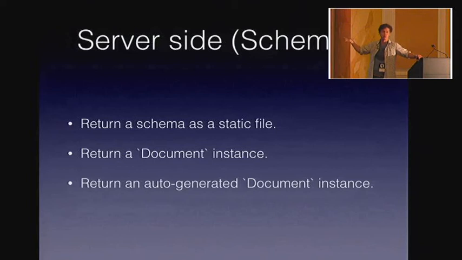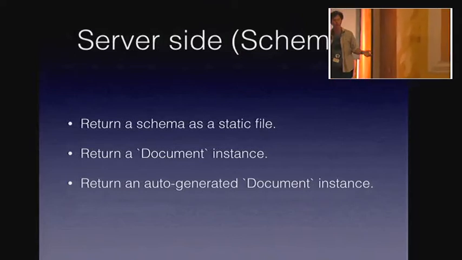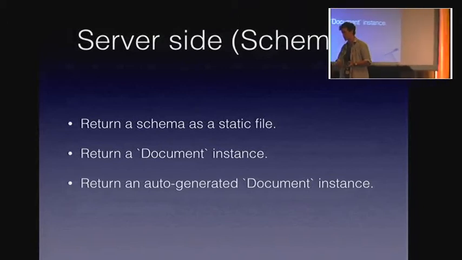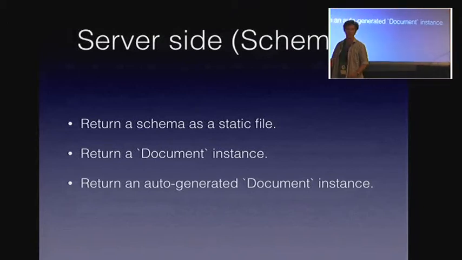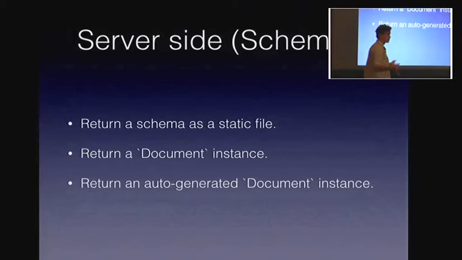First is don't bother. Just write your schema as a static file, serve it up from your application as a static file, so long as it's one of the different encodings that your Core API client supports, then you're good to go and you can still use Core API on the client side. Second option, return a document instance.